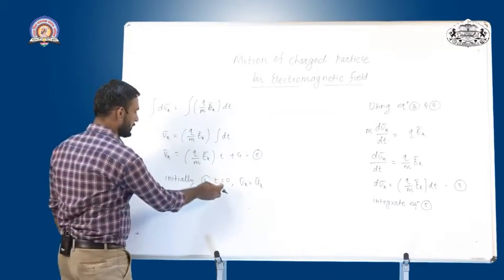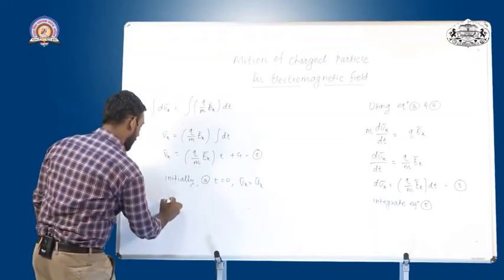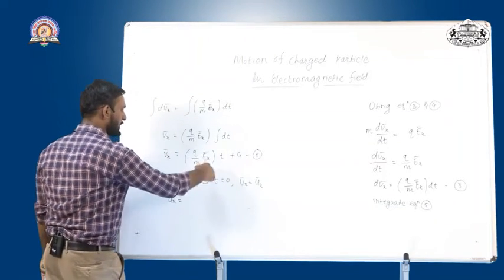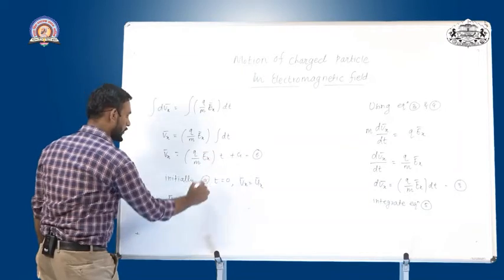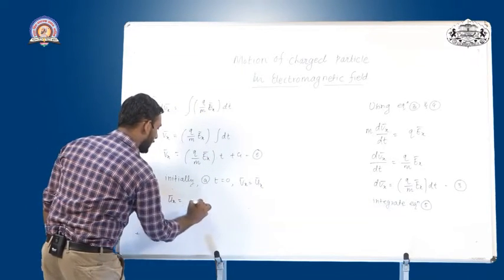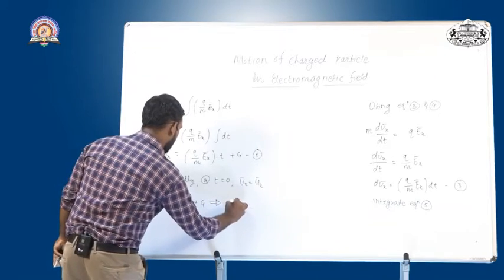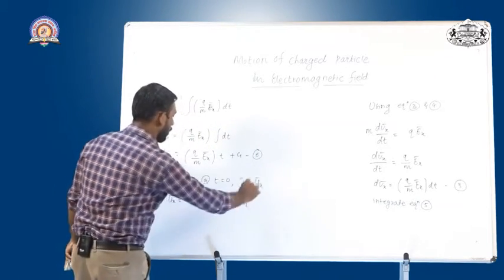If I substitute these values in this equation, I get ux equal to, this term vanishes because t is equal to 0, so 0 plus c1. So we get the value of c1 equal to ux.